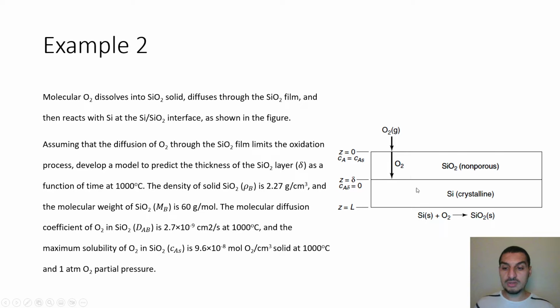We know the molecular diffusion coefficient of oxygen in silicon oxide, the maximum solubility of oxygen in silicon oxide, and the total pressure. So I know a good amount of information.